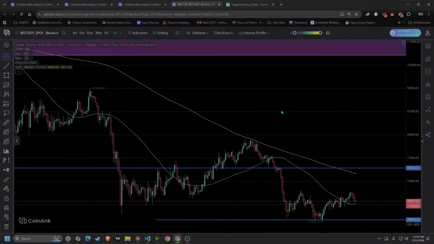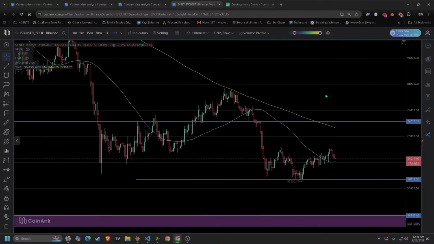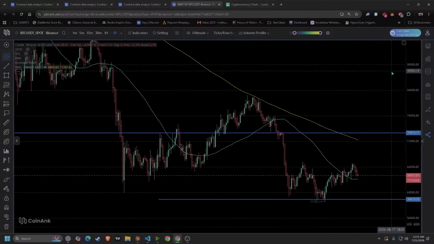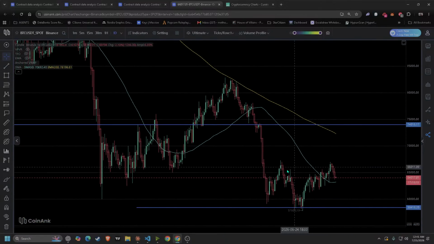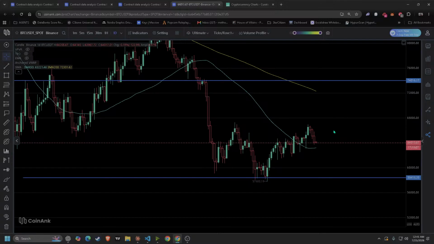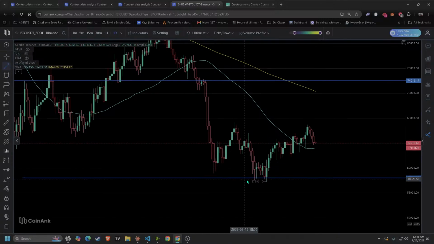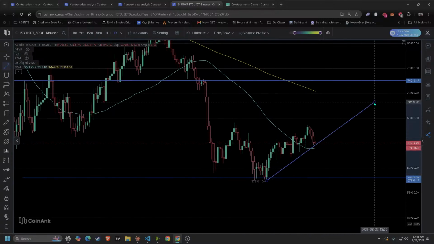So yellow is the 200. We're above the 50 and below the 200. We rejected off the 50, which is a good sign. Yeah, so it looks kind of bullish, right?